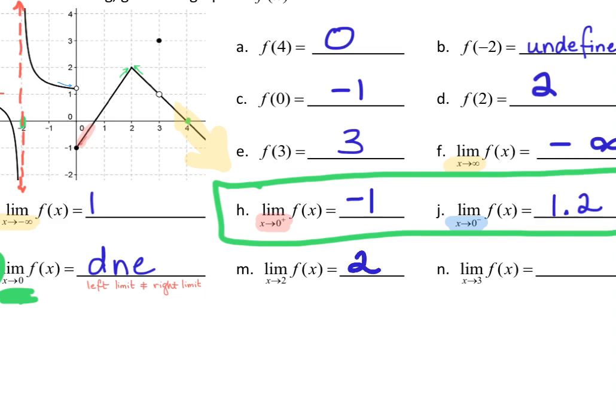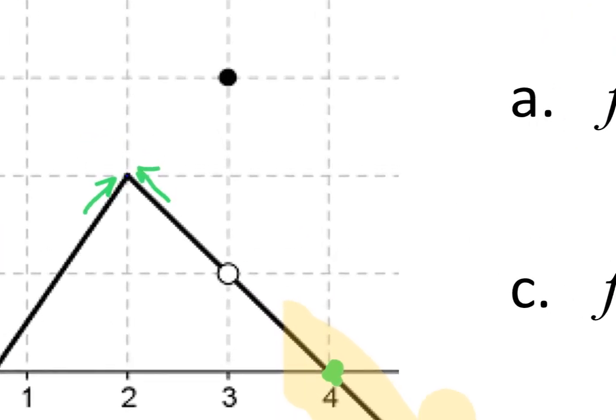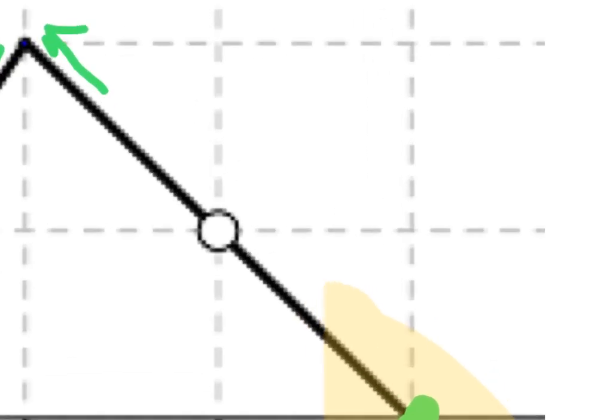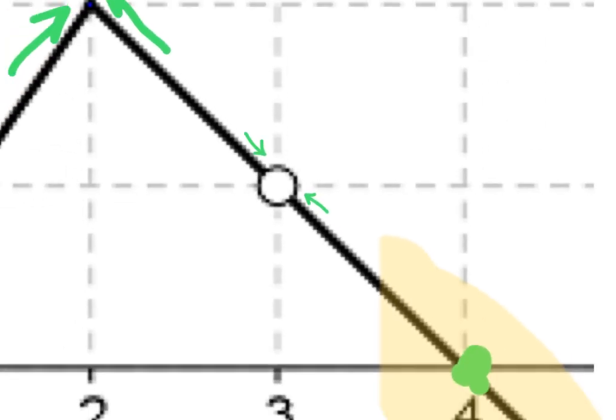And then for letter N, we're looking at the limit as x goes to 3. And so remember that the limit is not about the actual point value. No. It is about what's happening immediately to the left and immediately to the right of that x value.